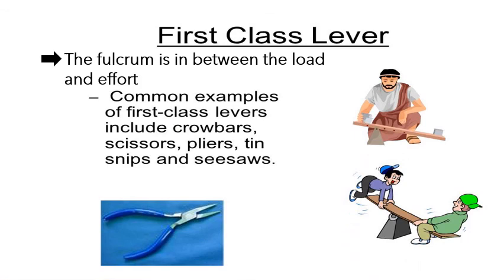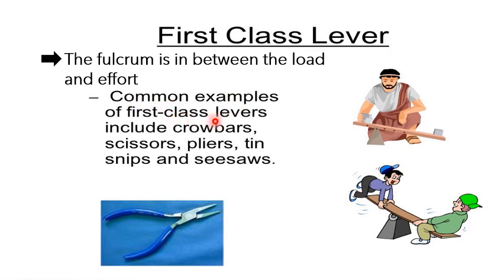So here comes the first class of lever, or the lever of class 1. What happens in it? The fulcrum is in between the load and effort. As I told you, the three classes are made on the basis of the position of load, fulcrum and effort. So here, this is the first class of lever, and the fulcrum is in between the load and effort.